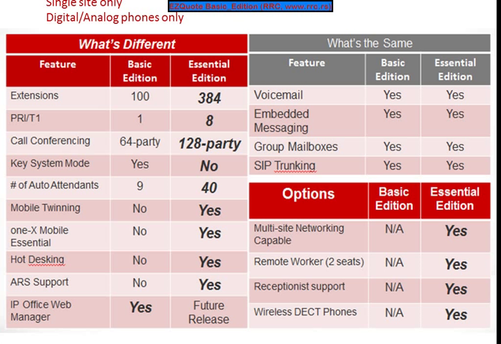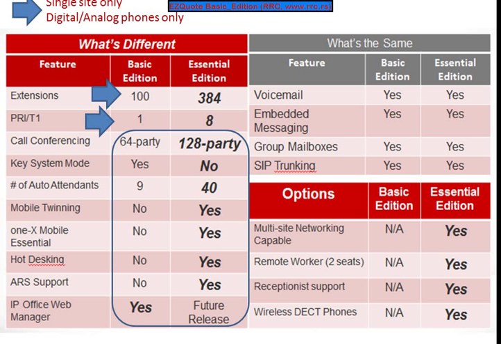The most important differences between Basic Edition and the Essential Editions are support for digital and analog phones only, single site support only, also the number of supported extensions, number of supported PRI trunks, differences in supported functionalities like number of conferencing and auto attendant, mobile twinning, 1x mobile support, hot desking.